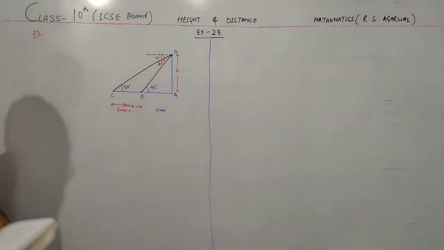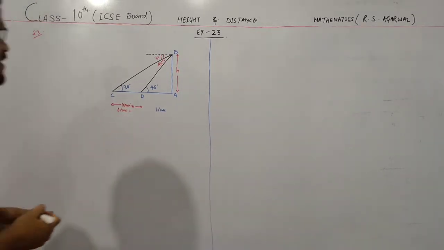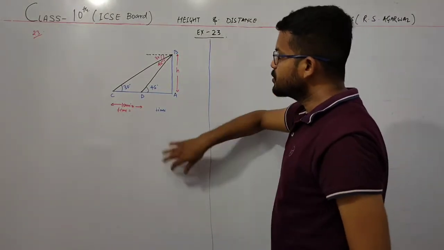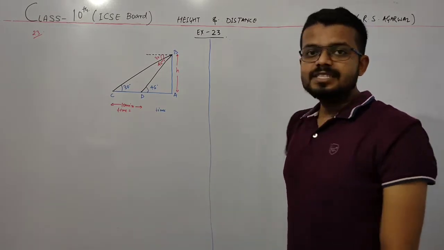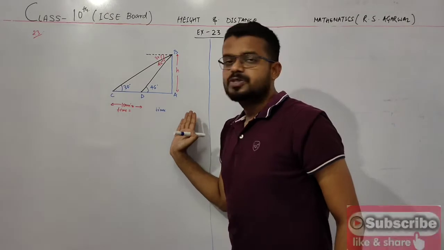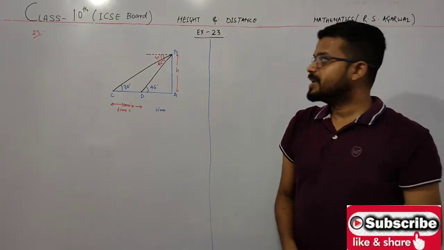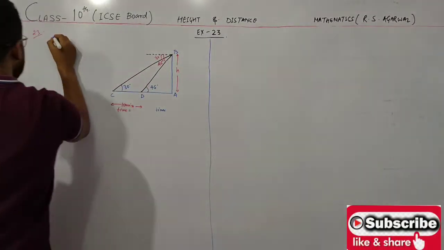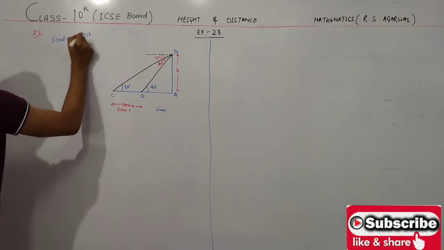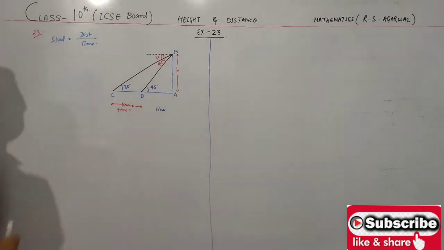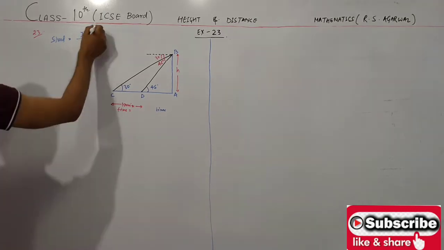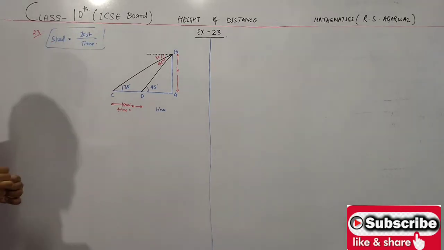Okay. Before solving this question, firstly I want to ask you what is the formula of speed, because the relation of speed is used in this question. Speed is simply equals to distance upon time. Okay, this relation we use in this question.